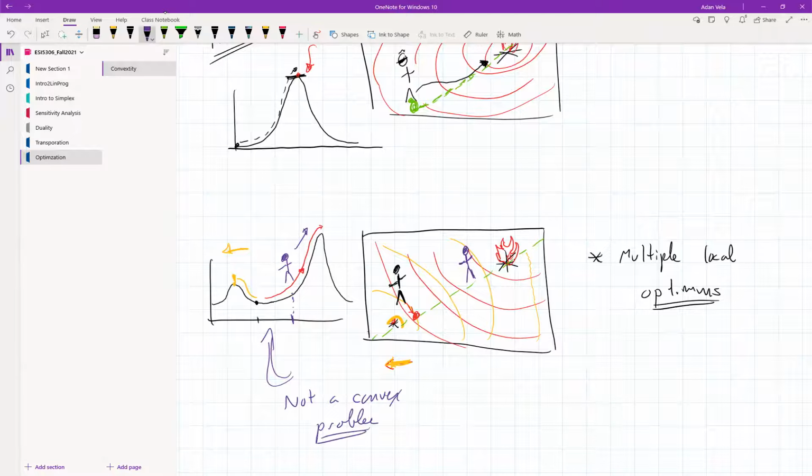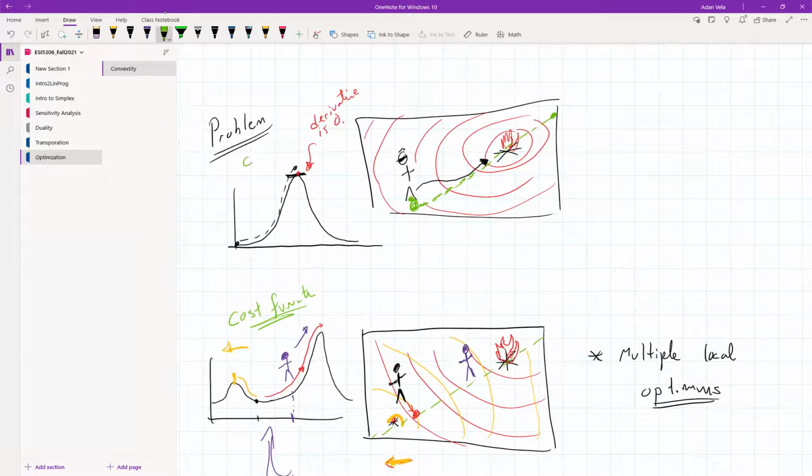We'll go into some of the mathematical definitions of what convexity is when it comes to the cost function. So here, what I'm plotting, again, is the cost function. So here is the cost function. Okay.